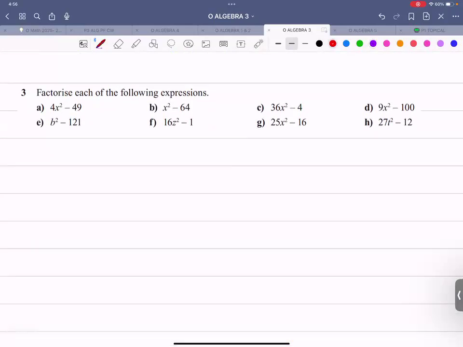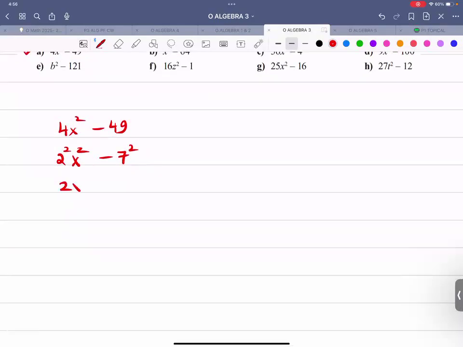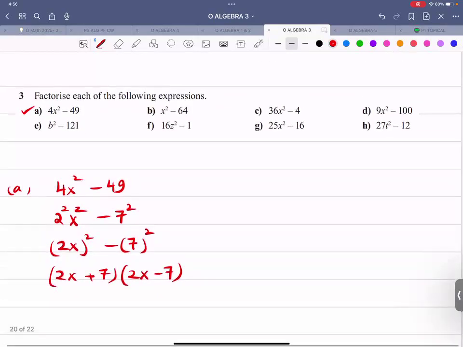4x squared minus 49. So this is 4x squared minus 49. 4x squared can be written as 2 squared, x squared, 7 squared, which can be written as 2x whole squared minus 7 squared. Is this all good? All clear? So now this is 2x plus 7, and this is 2x minus 7.